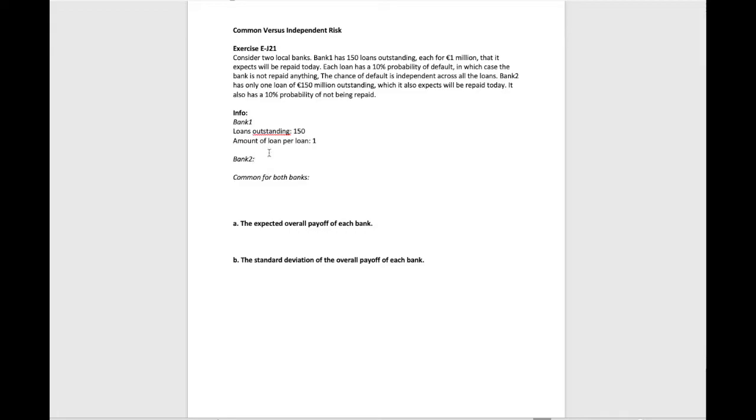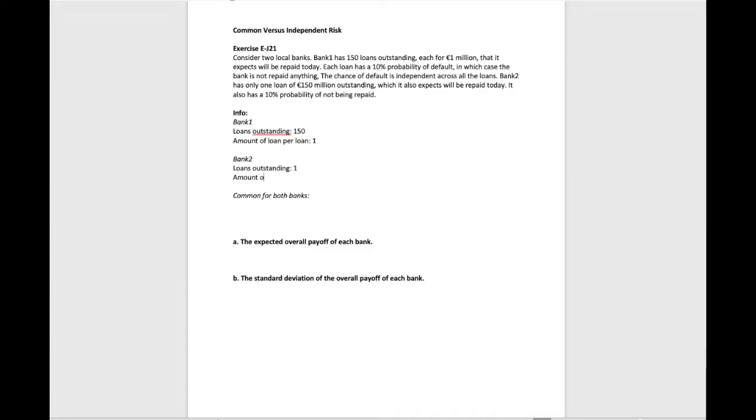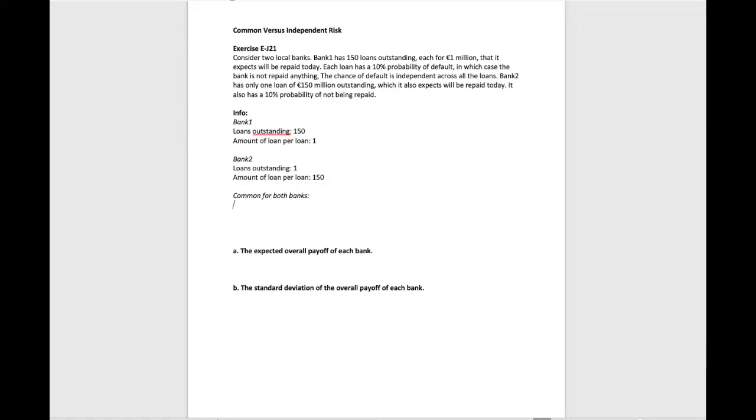But for bank 2, we have loans outstanding. This is only one, because we have only one loan, but it is worth 150 million euros. We have the probabilities here.